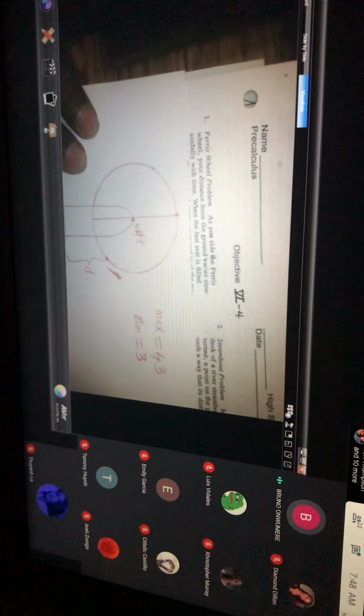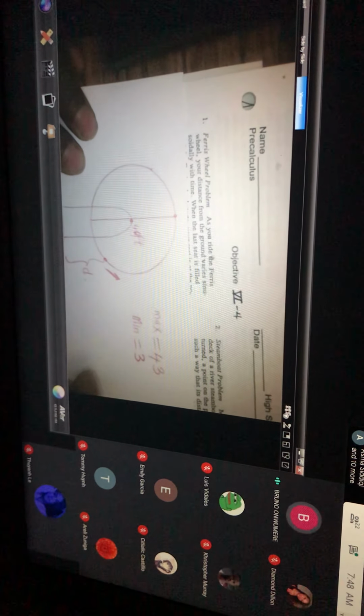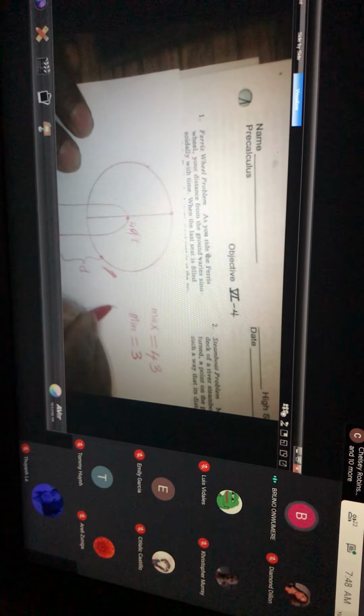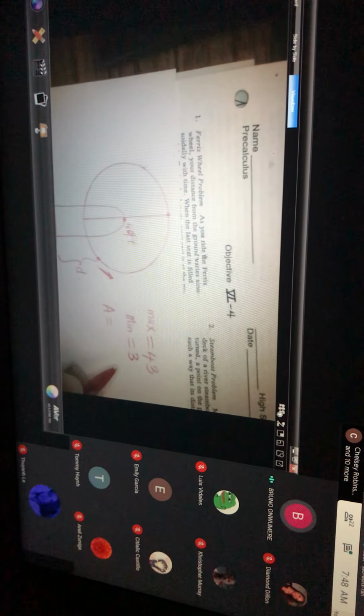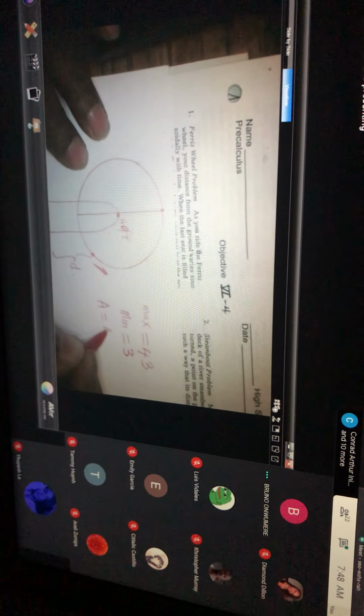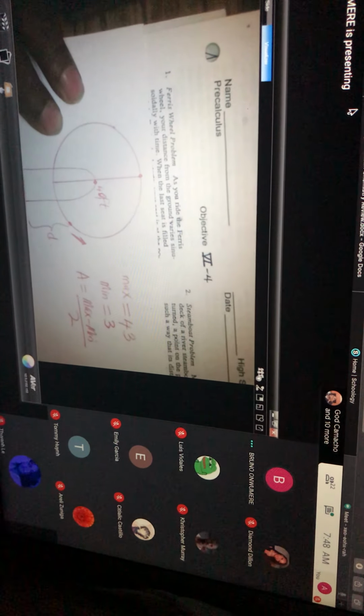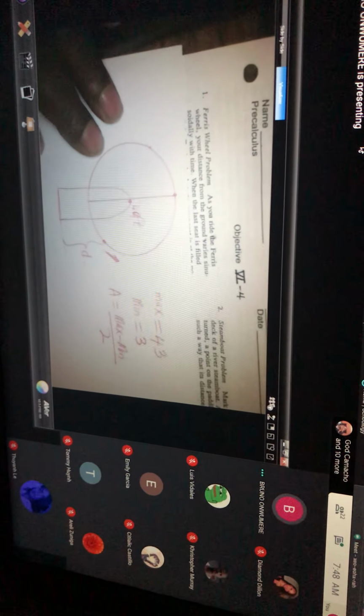Okay, be careful now. You know, if you have the maximum, you have the minimum, you can get what the amplitude is. How do you get amplitude? It's the max minus the min, divided by 2. Everybody please watch.